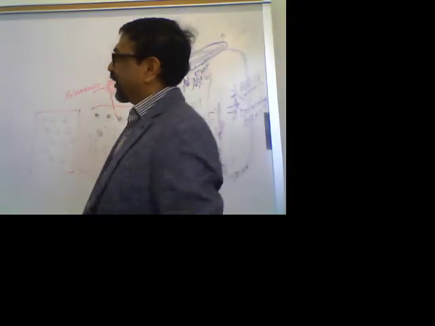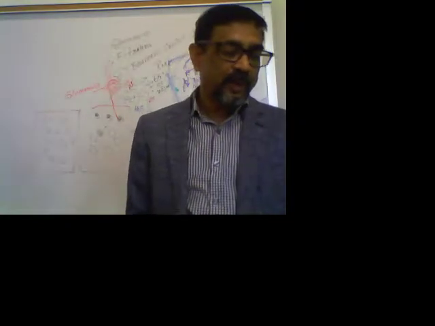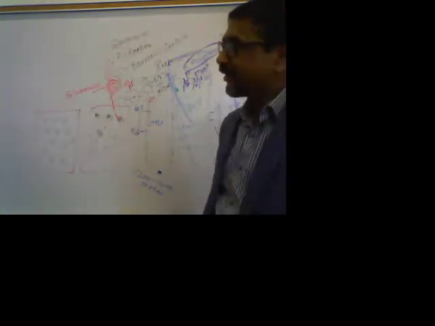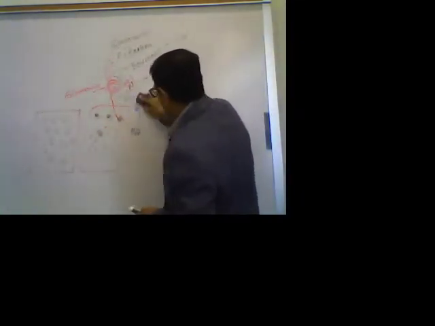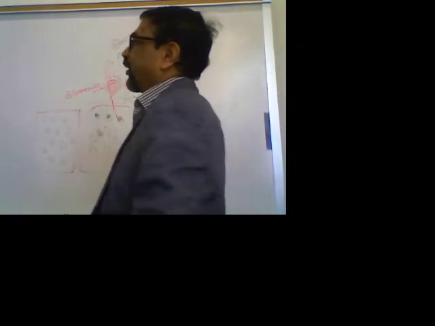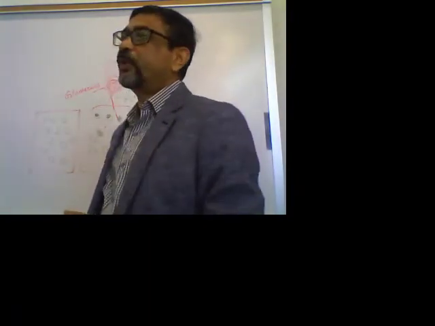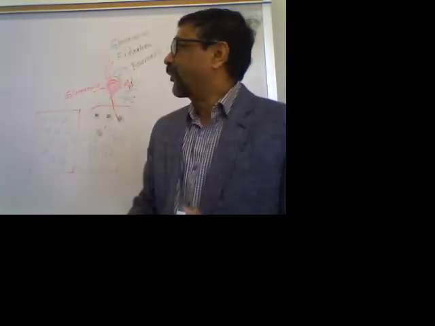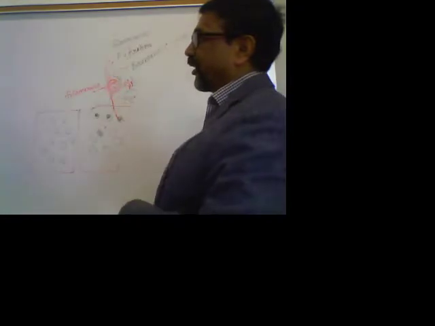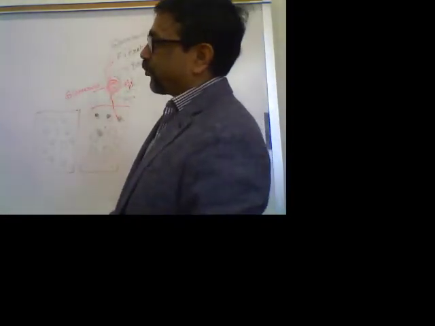I believe I mentioned this in last class. Juxtaglomerular apparatus, granular cells secrete a chemical that is called renin. And that renin is important to regulate the blood pressure. Why? Because renin works on a protein that is called angiotensinogen, and that angiotensinogen is an inactive protein in the plasma of your blood.